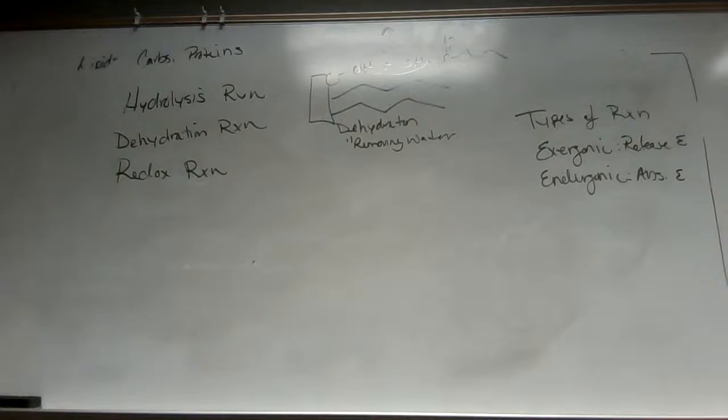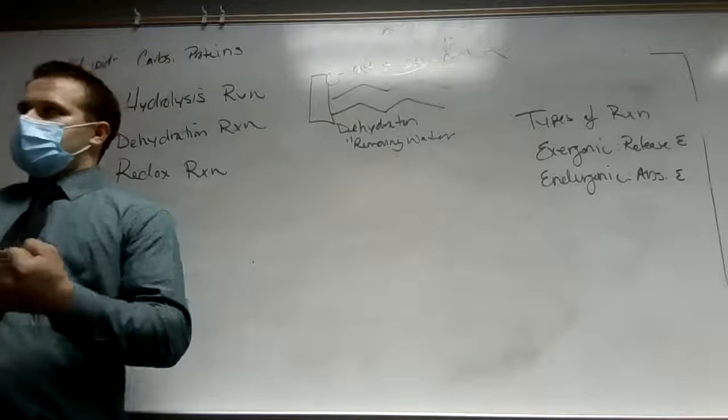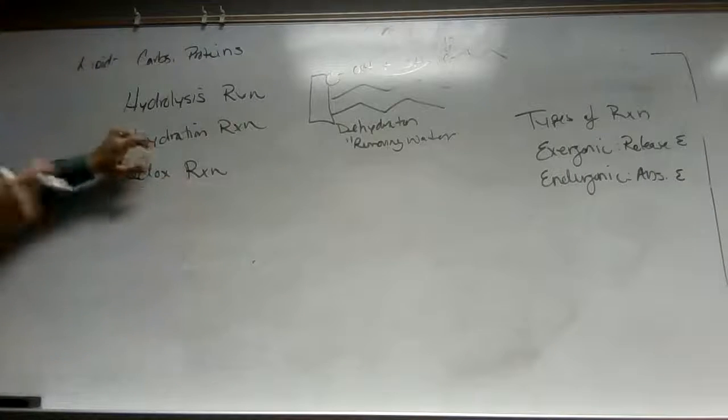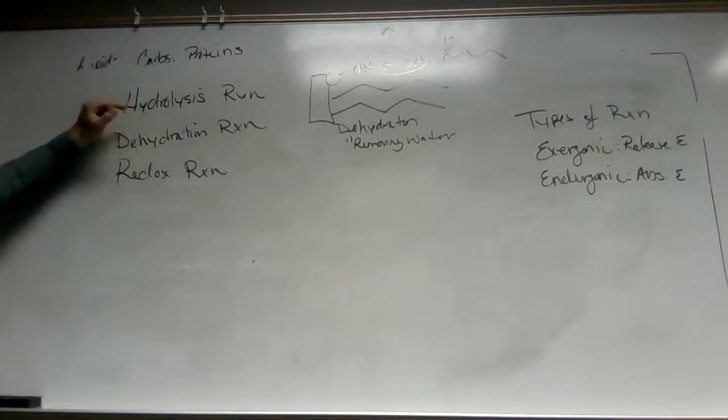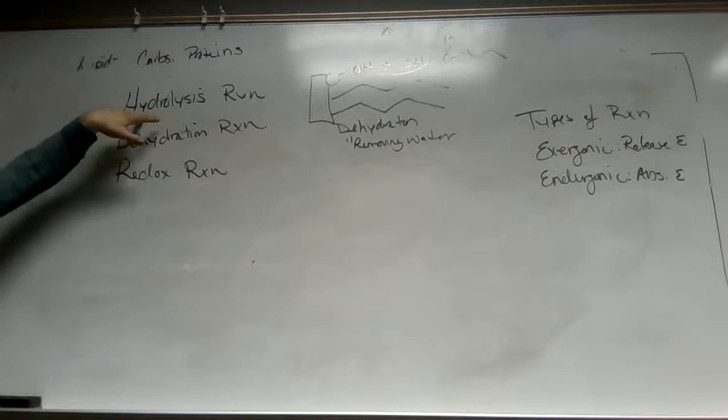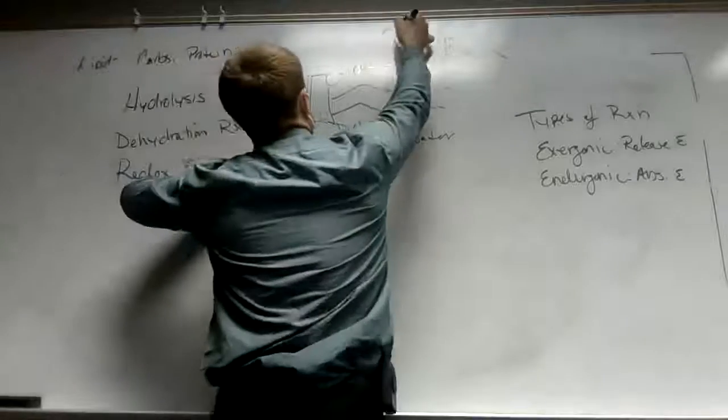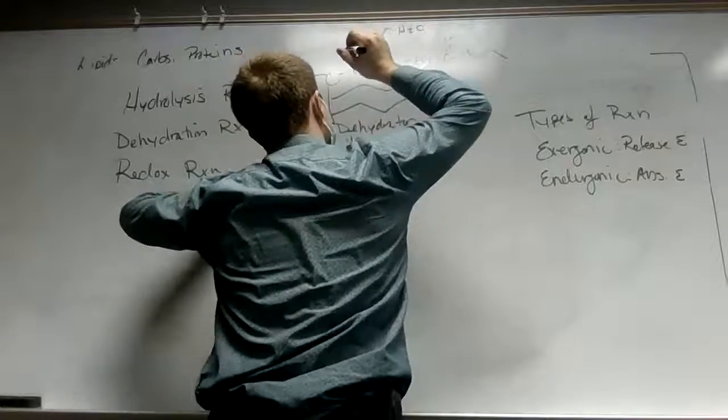Now, if we utilize the energy that we store in fat and go in and start breaking those bonds, the opposite of a dehydration reaction is a hydrolysis reaction. So in this case, these came together and we extracted H2O.